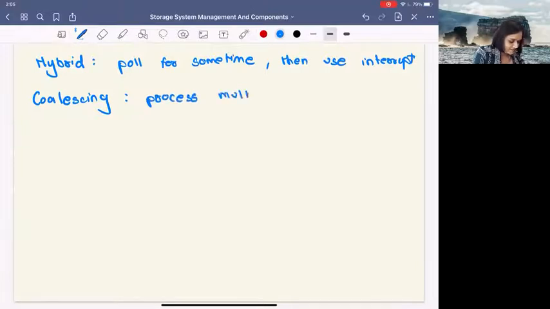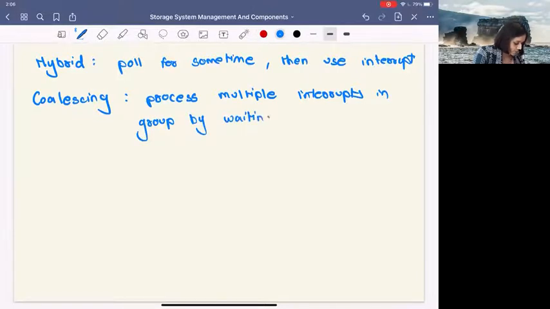Process multiple interrupts in a group by waiting for some time for accumulation.